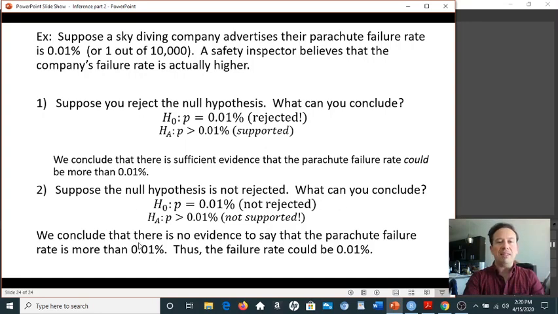So we would say there is no sufficient evidence to say that the parachute failure rate is more than 0.01%, because that's the thing that is not supported. Therefore, the null hypothesis is what is being supported, so we would say that the failure rate could be 0.01%.